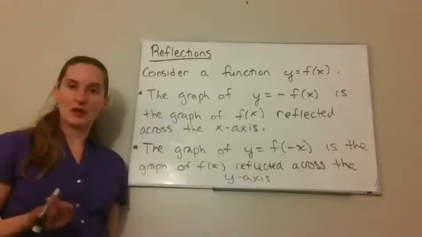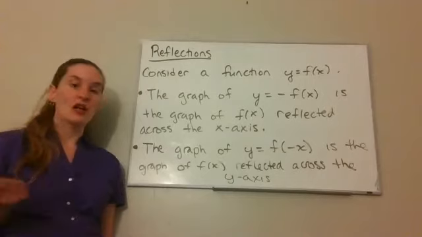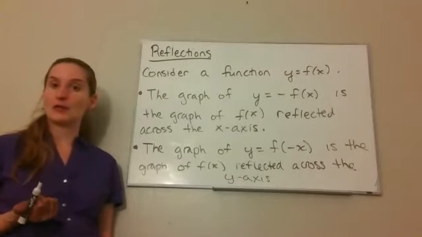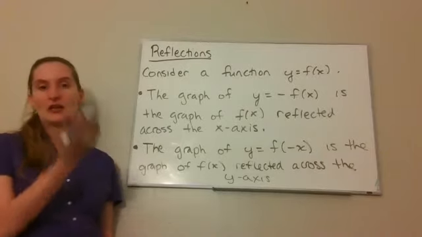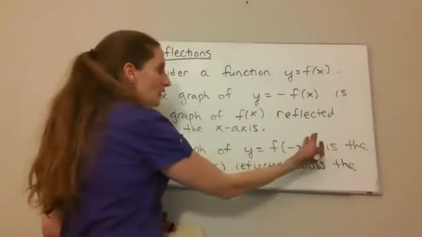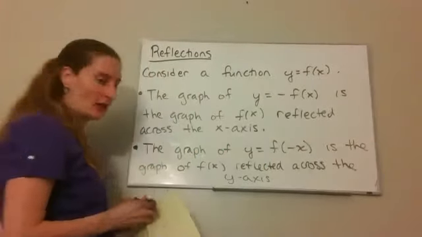So for example, if you had your basic function square root of x, and instead you now have the square root of negative x, you would take your graph and flip it over the y-axis. So instead of being over on this right side, it flips over to the left side.